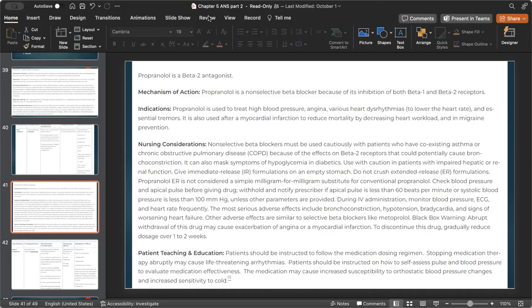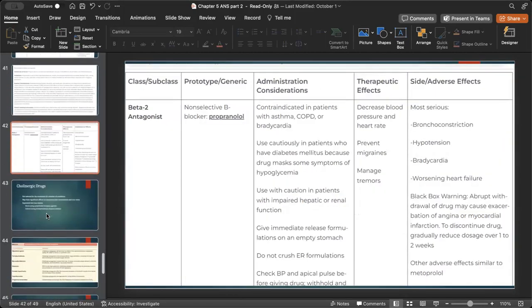So we just have to know where it works because it's going to help with treating the symptoms. But all of these beta blockers, their main use is as an antihypertensive. So keep that in mind because you're going to see that again in your cardiac lecture.